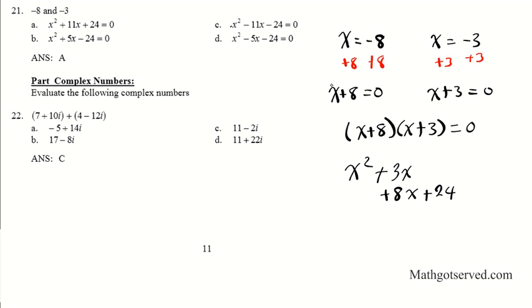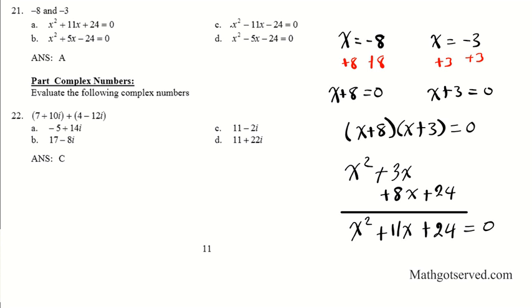Sorry about that, I made sign errors earlier. Okay, so you distribute it like that. And then we just add downwards. So we add downwards, we're going to have x squared plus 5x minus 24 equals 0 as the quadratic equation with negative 8 and 3 as its roots.